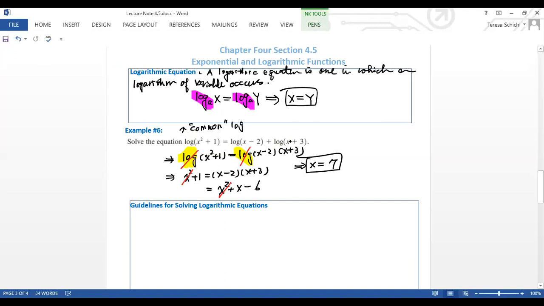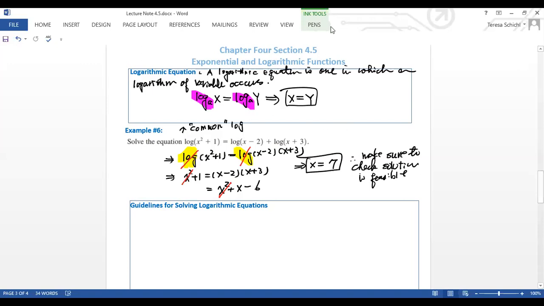So when you do log functions, after you solve it, you need to make sure to check that the solution is feasible. That means it doesn't violate anything.